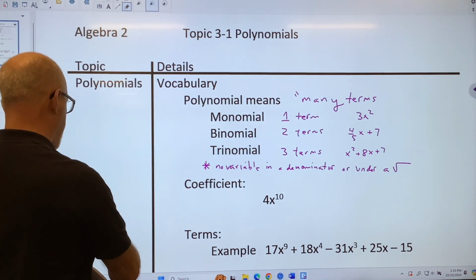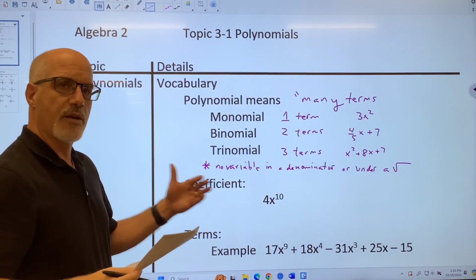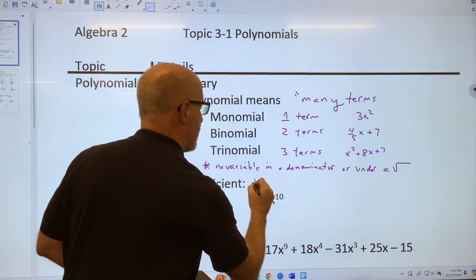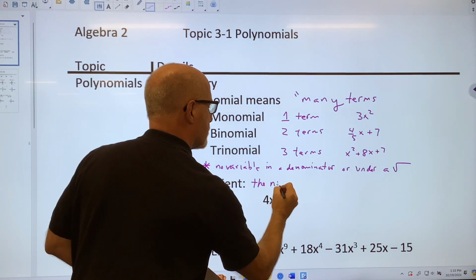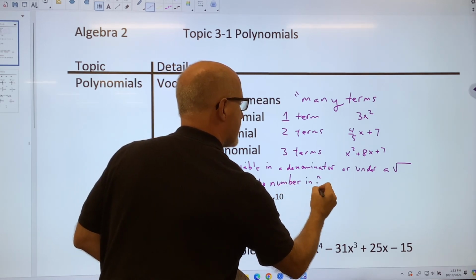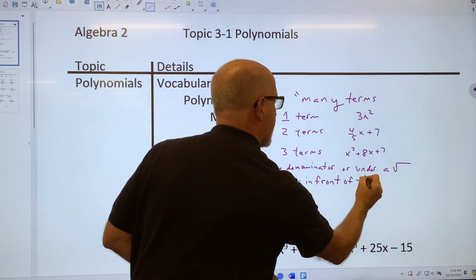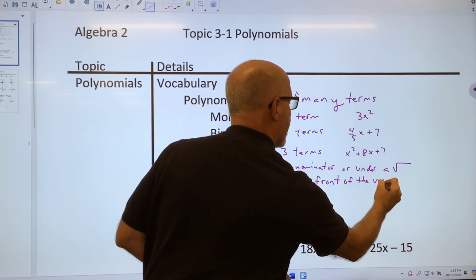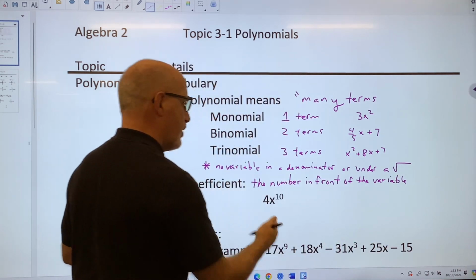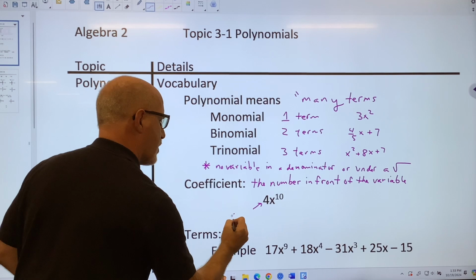Now, let's look at this monomial and just do a little bit of talking about the vocabulary. The coefficient is the number in front of the variable. So when we look at this term here, this number 4 is the coefficient.